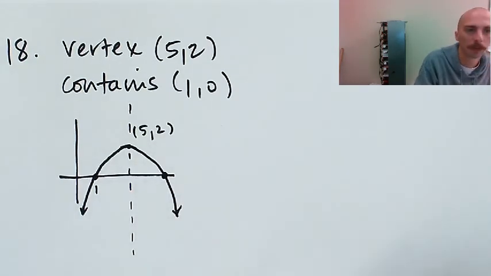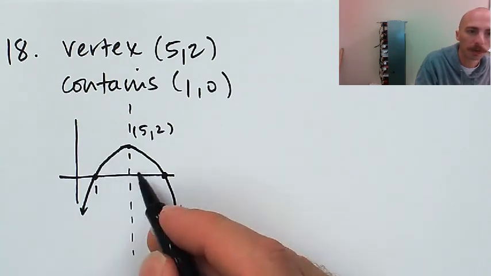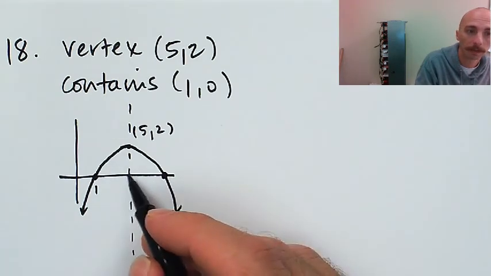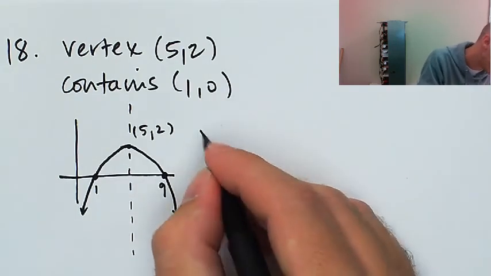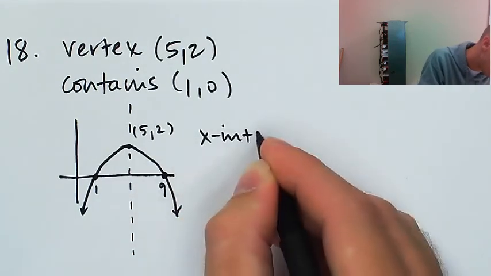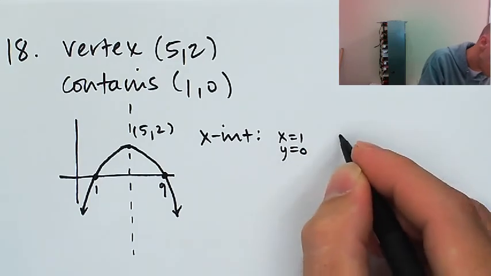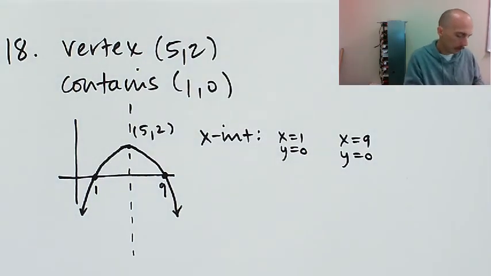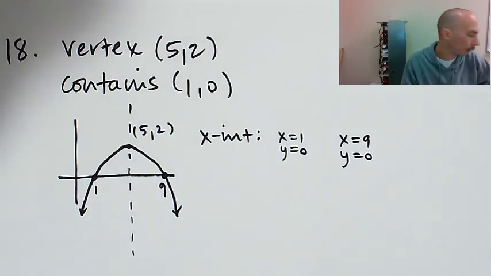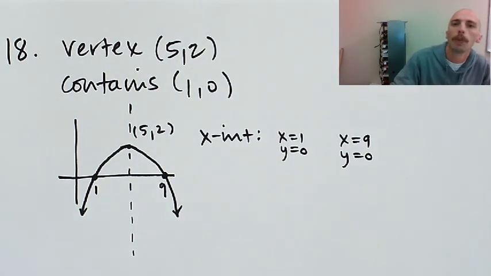If I go to the right by 4 to get from 1 to 5, I go to the right by 4 again to get from 5 to 9. So the x-intercepts are x equals 1, y equals 0, and x equals 9, y equals 0. That's all the problems for this homework. Thanks for watching. I hope it helped.